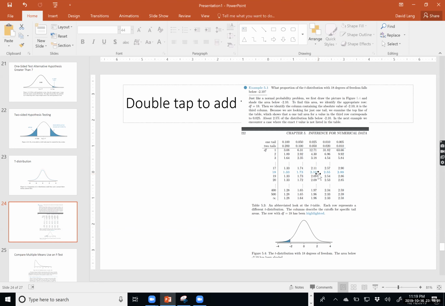That's our associated t-statistic, and the associated probability of being less than this value is approximately 0.25. Again, you don't need to worry about this. SPSS is going to do it all for you, but just to provide a little bit more context of how this was done in the past.